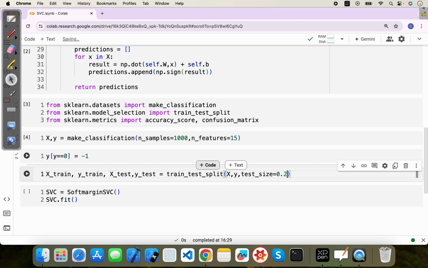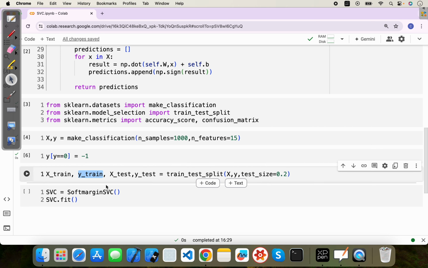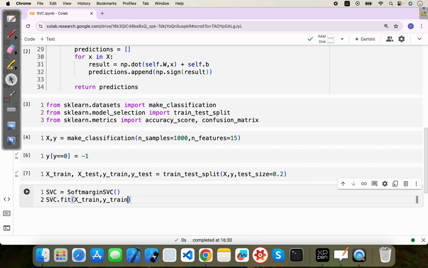That means 20% of data would be considered as the test dataset. Okay, let's fit X_train, y_train.